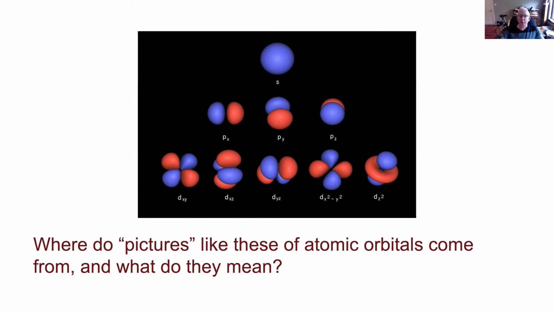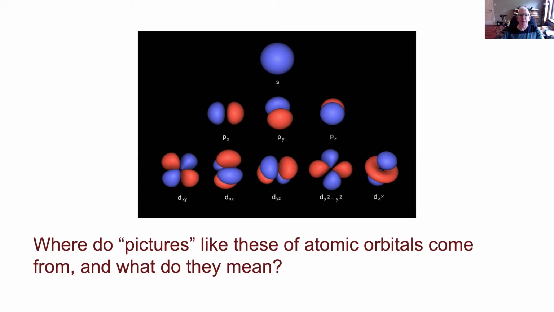What I want to start out with is something that's a bit more familiar than most of what's going to be in today's class. The figure on the screen is just pictures of orbitals, what you've been shown in Gen Chem books and elsewhere, that you recognize as depicting the shapes of various types of orbitals, right? On the top, we've got a spherical shape, which you'll recognize as an s orbital.